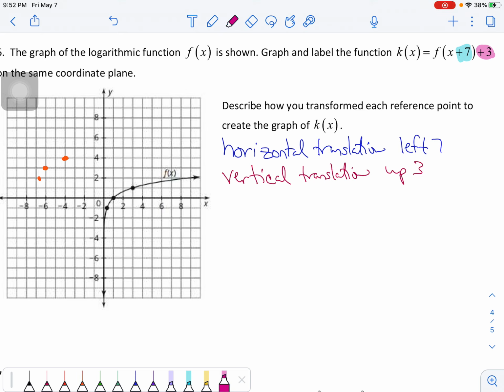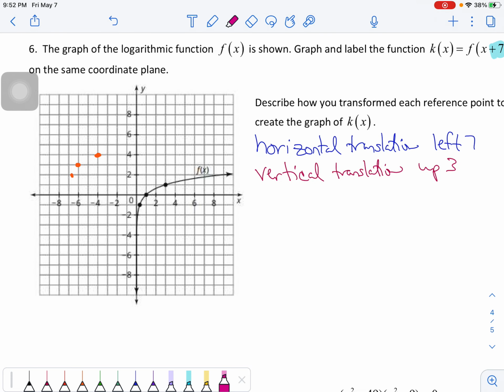Now I'm going to remind you, and I did this in the last problem when we had the logarithmic function as well. In the original logarithmic function, there is a vertical asymptote right here on the y-axis. It's x equals 0. I'm going to move this, so I'm going to loop it and move it left 7 units.